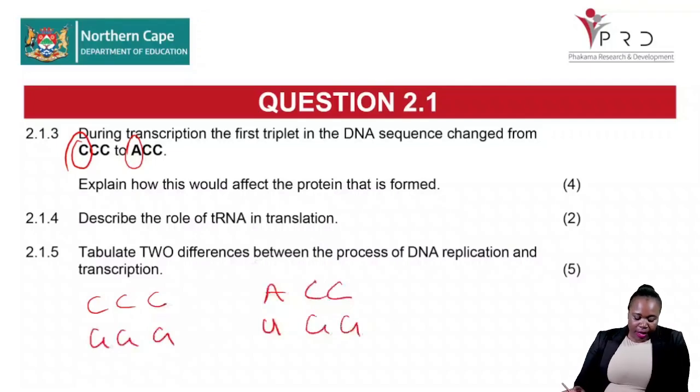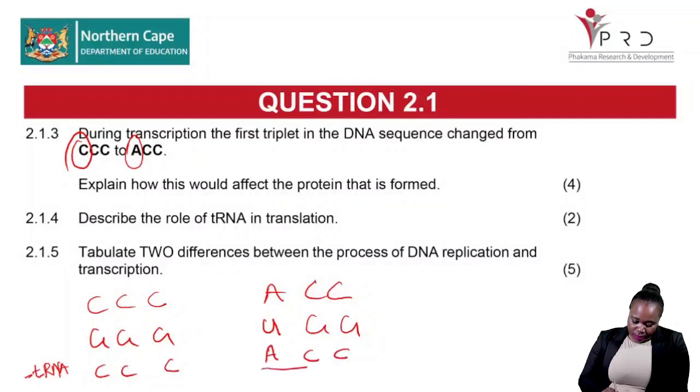Then the question says, explain how this would affect the protein that is formed. So our CCC has now changed to ACC, meaning that we are now going to have an mRNA of UGG instead of GGG. Now if we take this to being a tRNA, we are going to have CCC, and we are going to have ACC instead.